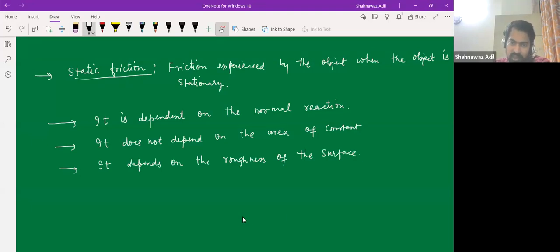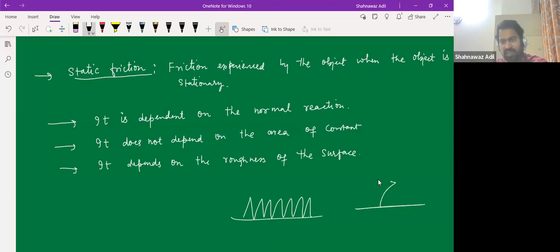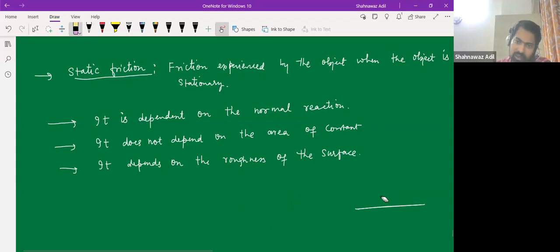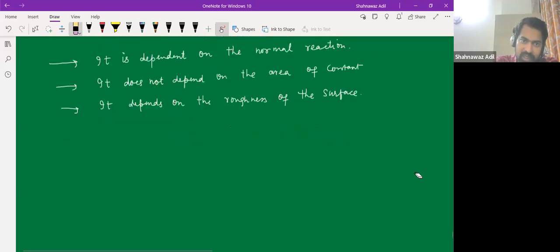Okay, so let's say that you have this kind of surface, right? And this kind of surface. So this will have less friction, and this will have a larger value of friction, right? Because this has a greater roughness. Okay, so this was about the static friction, right?